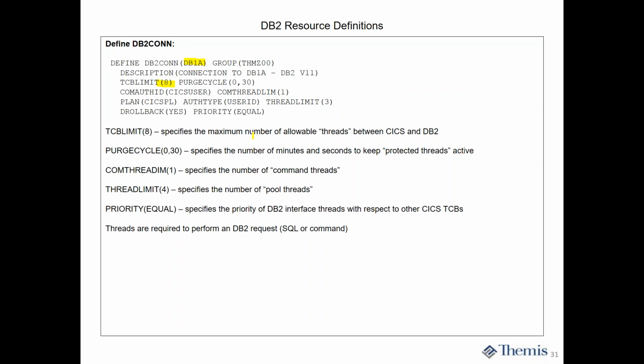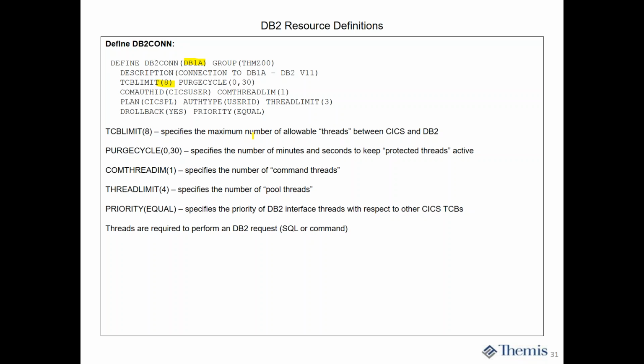TCB limit: the maximum number of threads, command, pool, and entry threads allowable to be consumed by this interface. Now I tell you in my notes, it cannot be equal to or greater than a CICS SIT parm called MAXOPENTCBS. MAXOPENTCBS is the maximum number of TCBs for the L8s and L9s.